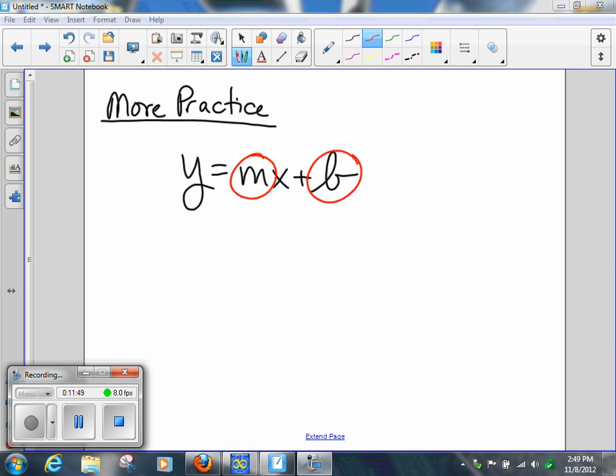Now, there are special cases. Those special cases are when we have horizontal and vertical lines, folks, okay? Now, M represents what? Slope. Please write this down. Do not assume that you know what this means. B represents what? The y-intercept.